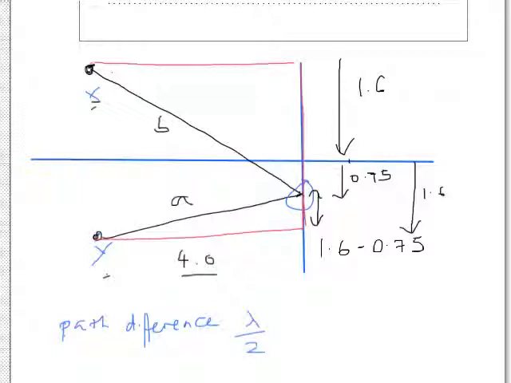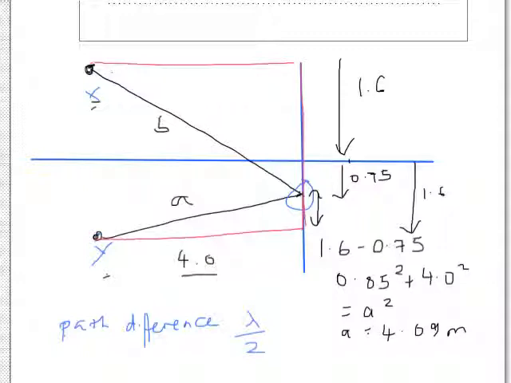We can use Pythagoras: 0.85 squared plus 4 squared would give us that distance A squared. So the value of A equals 4.09 meters.